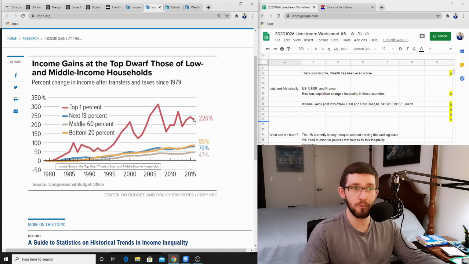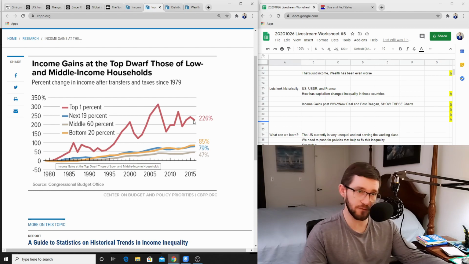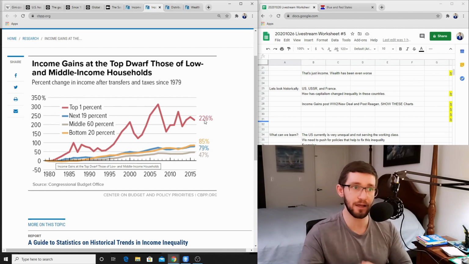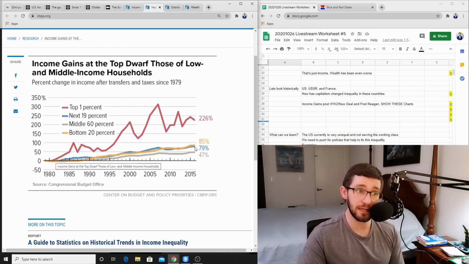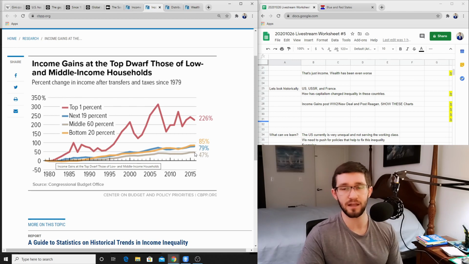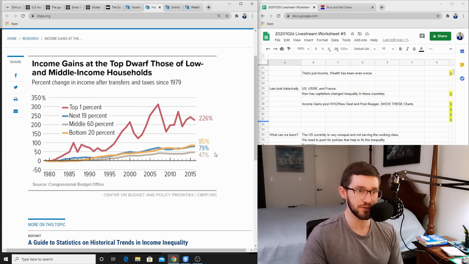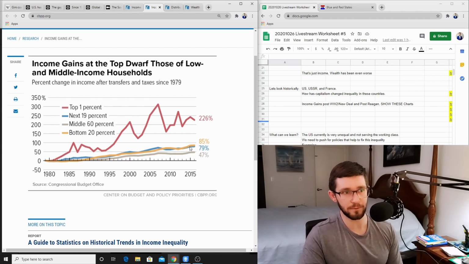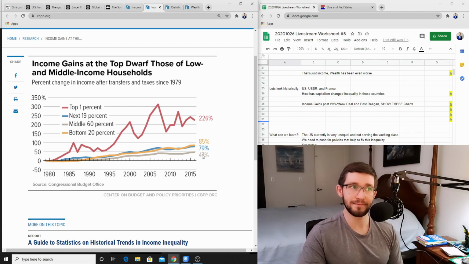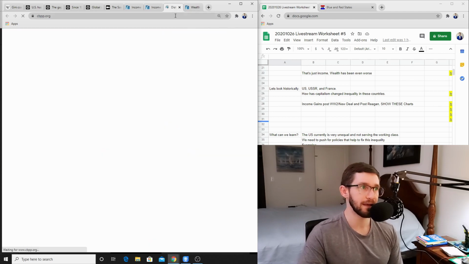So top 1% as an example, this is of course the 99th percentile. Then with the next 19, we're talking about the 80th percentile. We're talking about the middle 60%. This is going to be roughly the middle class in the United States. Middle class is generally the middle 50% of earners. And then the bottom 20%. All these guys are getting left behind. That's a pretty big issue if we're caring about wealth inequality.